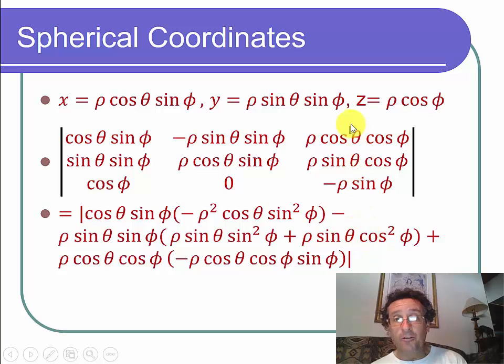And then finally, for the last column, we take a rho cosine theta cosine phi, it's right here. Then we have a 0 minus rho cosine theta, and then cosine phi times sine phi. And there's a determinant. We can do a lot of simplification. So all kinds of places. So the first thing is rho sine theta sine squared phi plus rho sine theta cosine squared phi. That's the same as just rho sine theta.